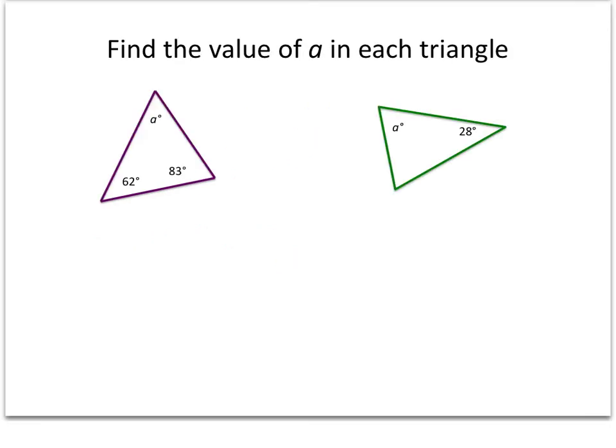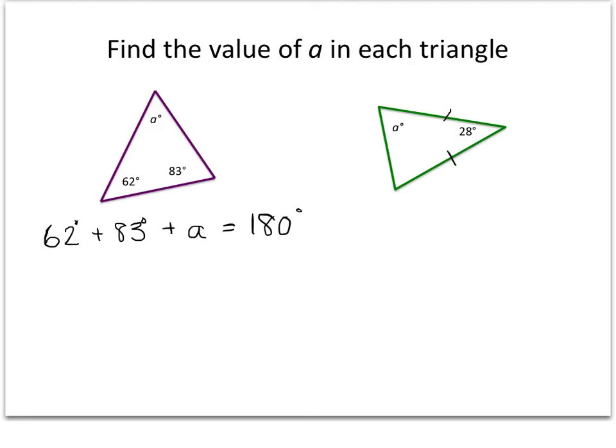Okay, last thing we're going to do is look at some problems where we've got to work out the sizes of angles in a triangle. So in this first purple one here, we've got a triangle with two angles that we know, 62 degrees and 83 degrees, and one angle that we don't know. So we need to use the fact that all three of these angles, so 62 plus 83 plus A, must equal 180 degrees.